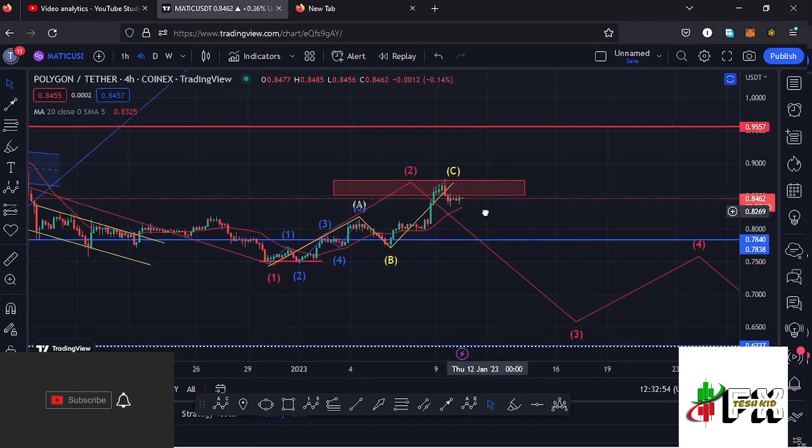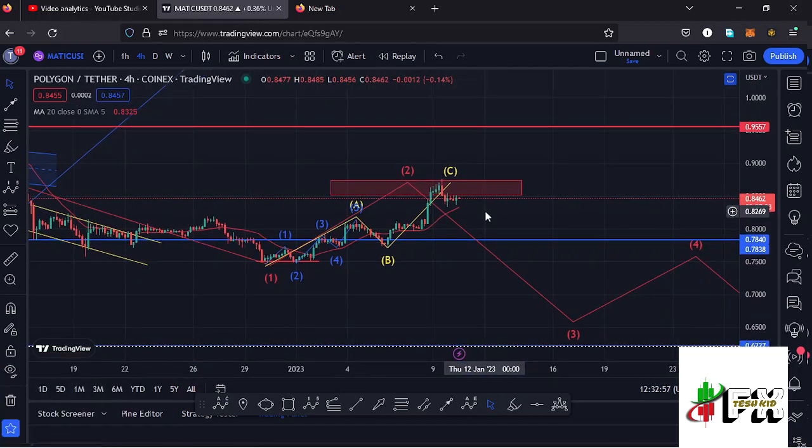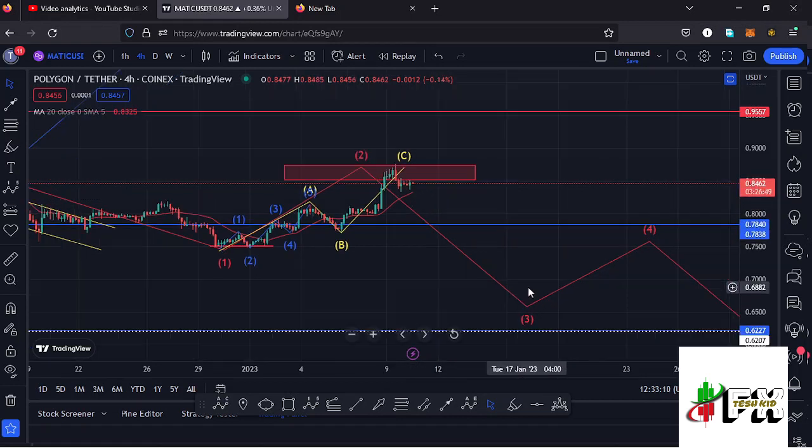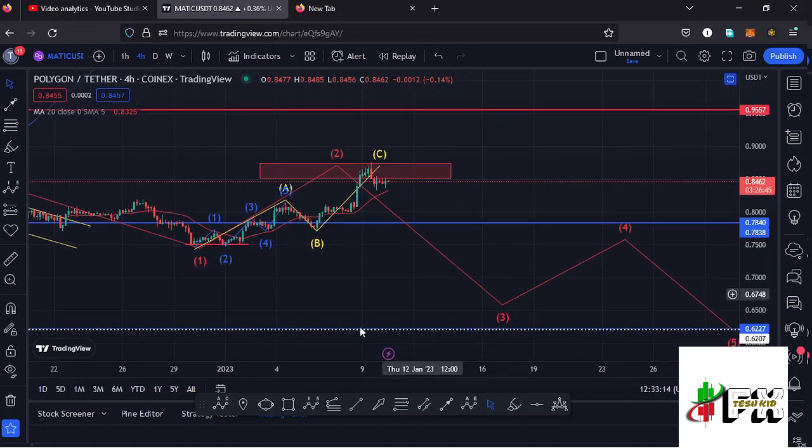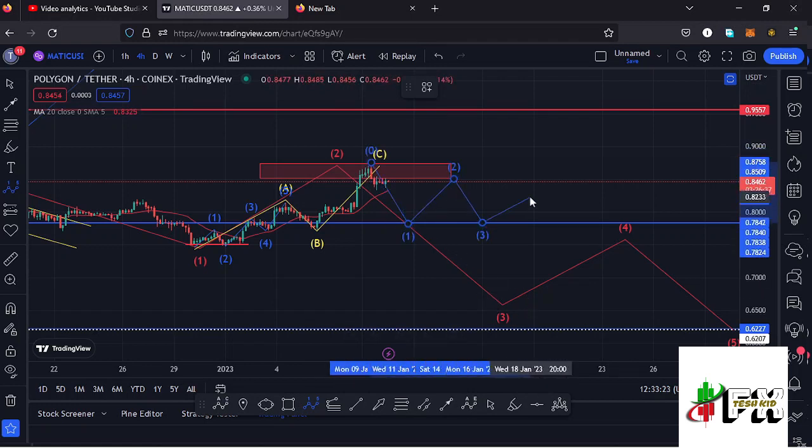And after seeing the formation of a wave 2, whatever we expect next is an impulsive movement to the lower side in the formation of this wave 3, and because a wave 3 to the lower side is an impulsive wave, we also expect to see a 5-wave structure to the lower side within the formation of that wave 3. So in the formation of this wave 3, I'll be expecting to see such a structure, having the wave 5 of that Elliott wave structure completing the formation of this wave 3 to the lower side.